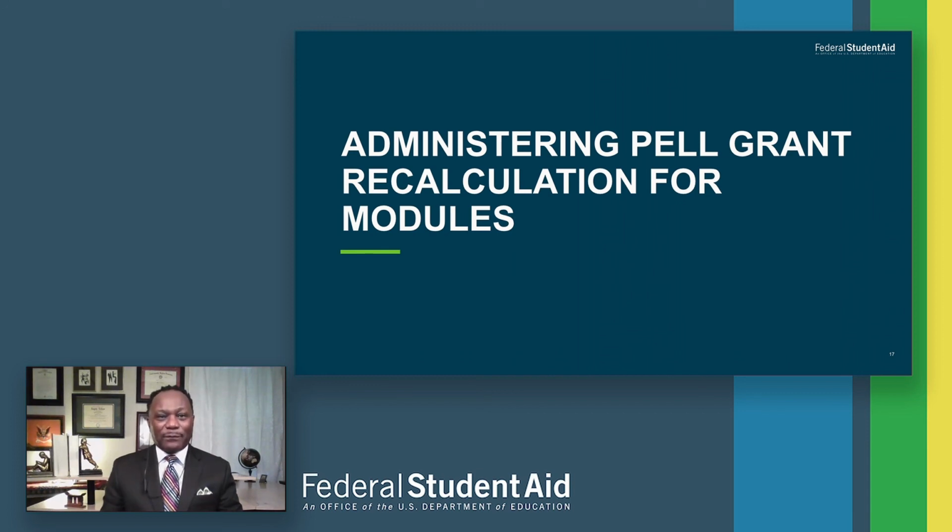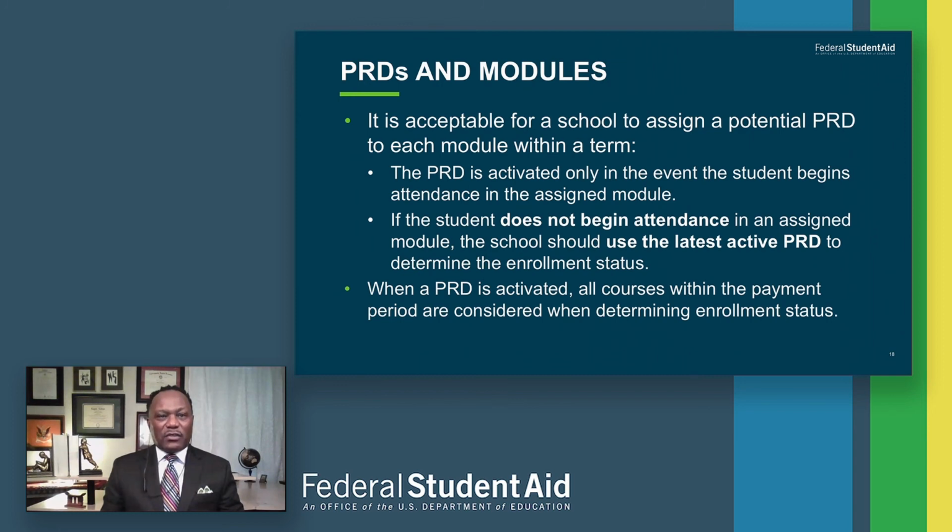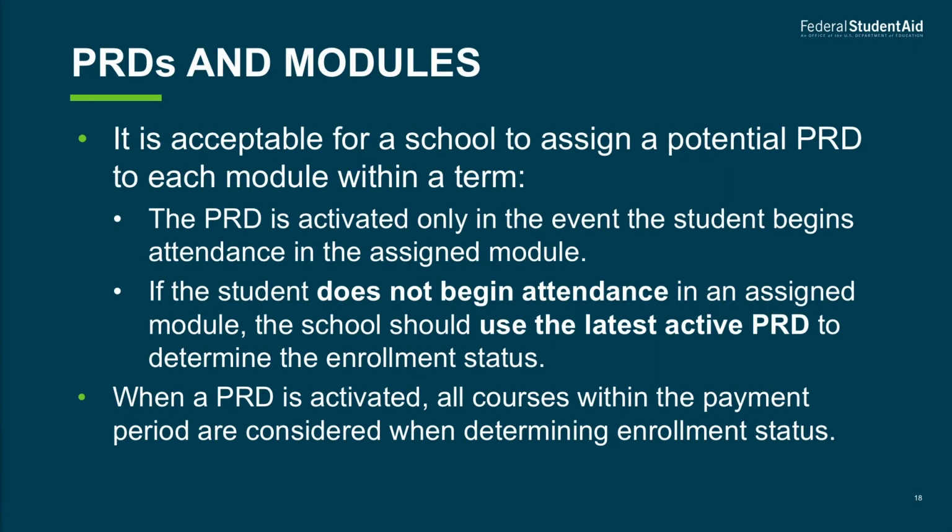Please look for it. When a school has modules within the term, the department has provided guidance that allows the school to assign a PRD to each module within a term. However, each of the assigned PRDs does not become active until the student begins attending the corresponding module.